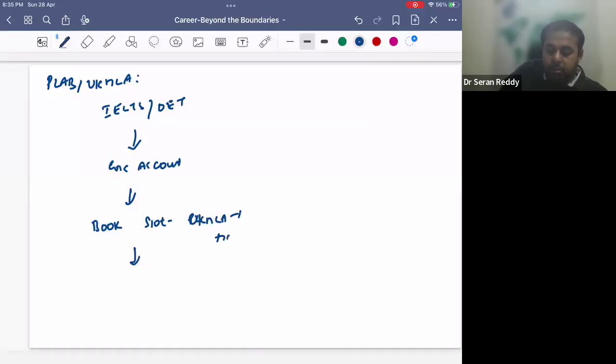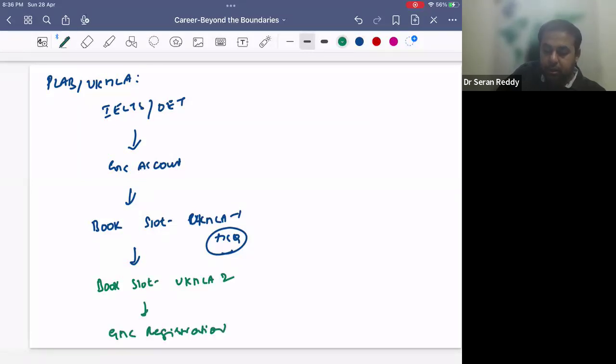This is an MCQ examination. Once you complete this, then you book a slot for UKMLA 2. And once you complete this examination, you go for GMC registration. Once GMC registration is done, you can apply for the job.